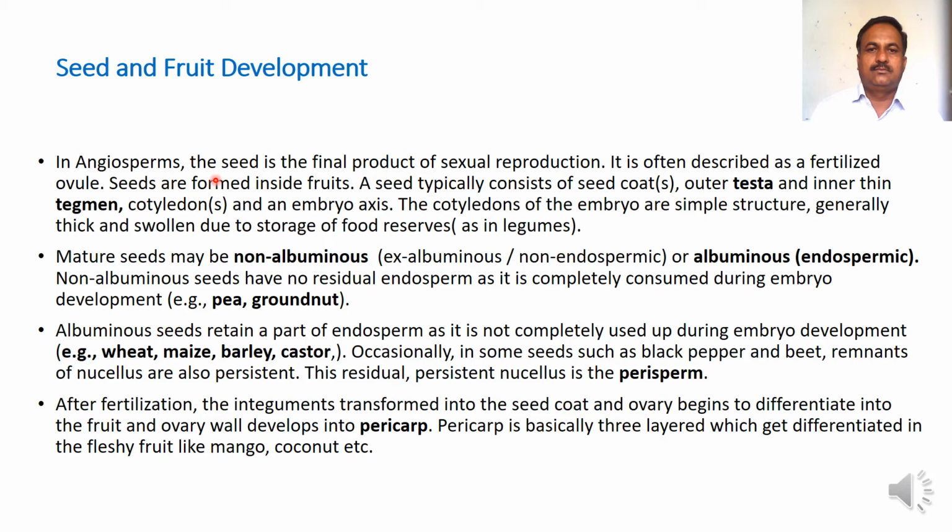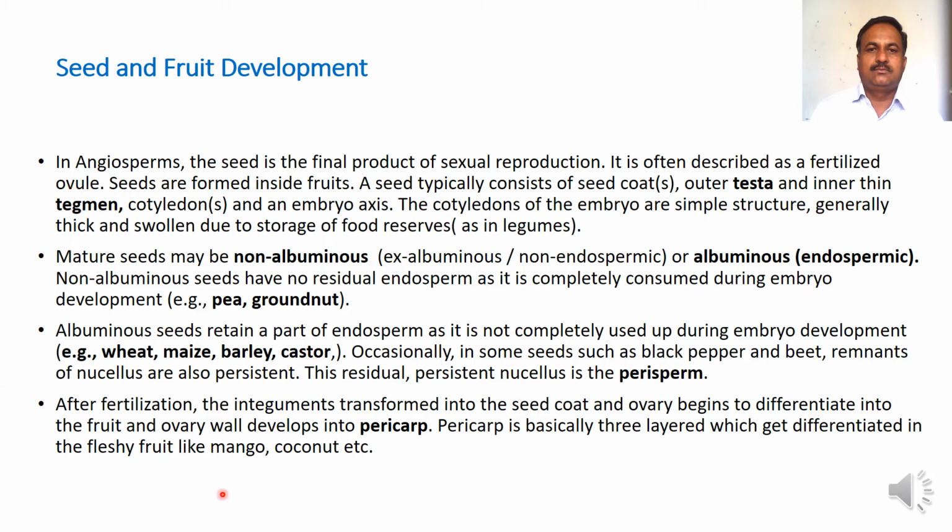The outer seed coat is called testa, and the inner is called tegmen, which is thin in nature. Then a seed contains cotyledons and an embryo axis. The cotyledons of the embryo are simple structures, generally thick and swollen due to storage of reserve food material.